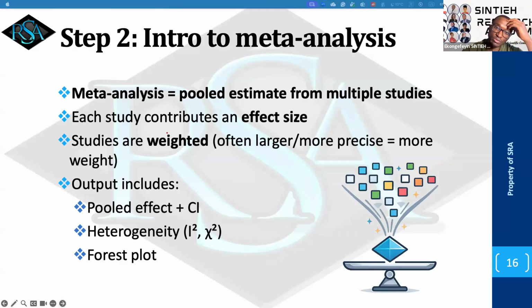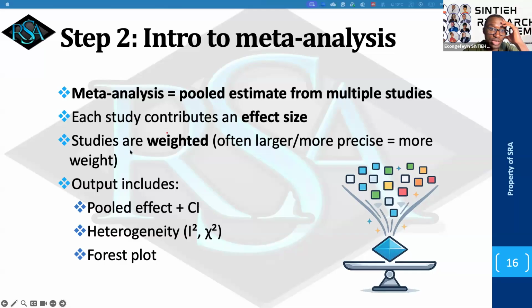If you look at this image, it's trying to say, okay, you're going to bring multiple studies and put them into one diamond to say, this is the uniform effect that BMI has on the risk of having stroke among adults based on this systematic review. So each study contributes to the effect size, which is a diamond, that you're going to see very soon in a plot.